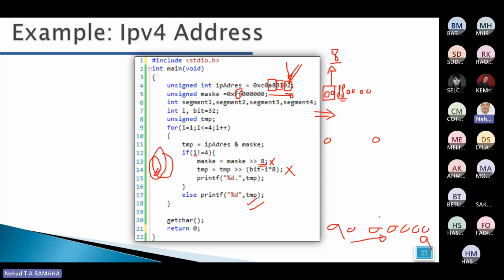Okay, if the 9 here, we need to shift 4. If the 9 here, we need to shift 8. That's why we move the shift depending on which segment. Okay, if last segment, we don't need all this shift. We print directly.